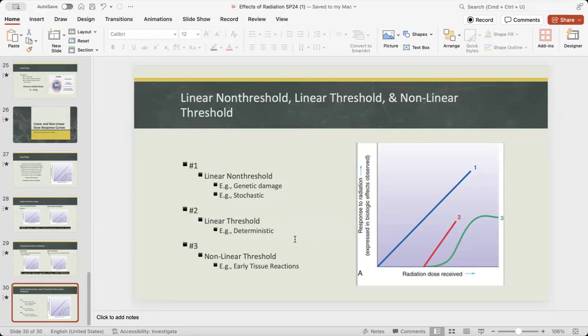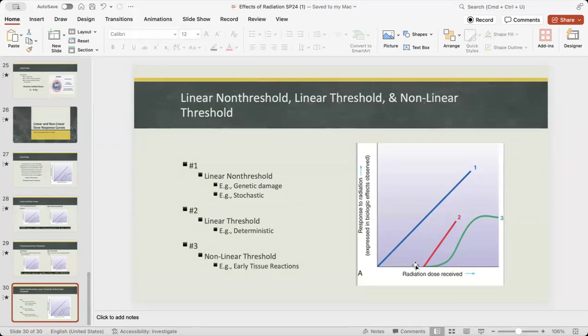Then our second line, linear threshold, tells us at a specific low dose, you may not necessarily have a response, but when this threshold is reached, then the response is going to be directly proportional to the dose received.